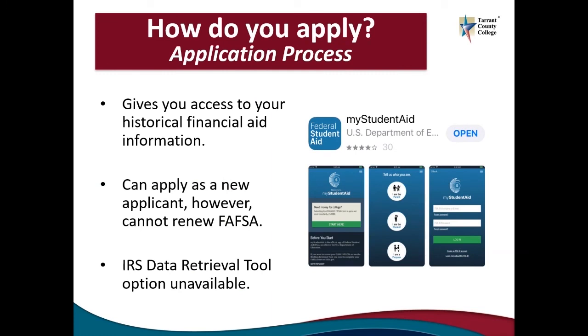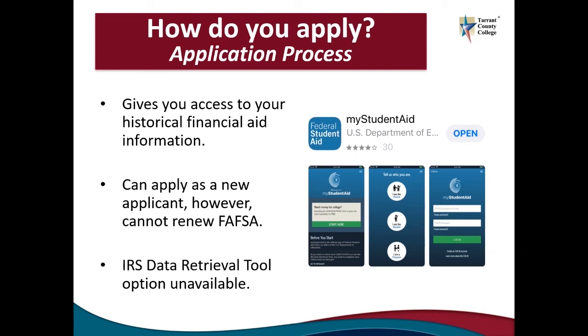Okay, as we talked about, this is the My Student Aid app. It gives you access to all of your historical financial aid information. So if you have been to other schools, it should have all of your information in there. You will be able to see what your loan balance is, the status of your loans. You can apply as a new applicant on the My Student Aid app.